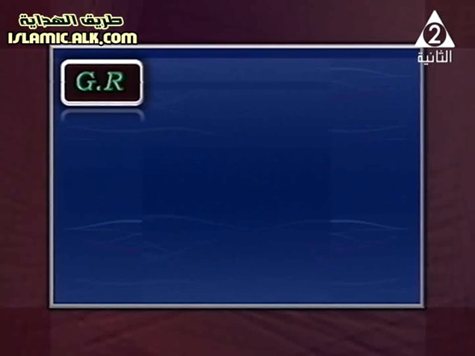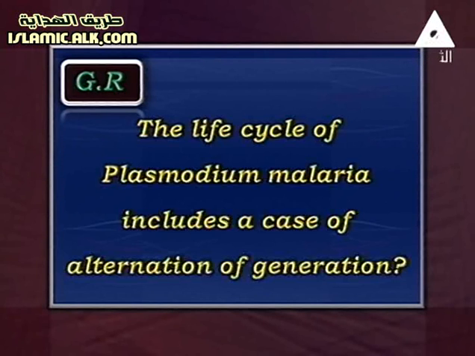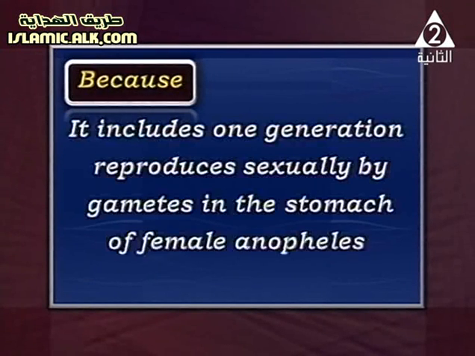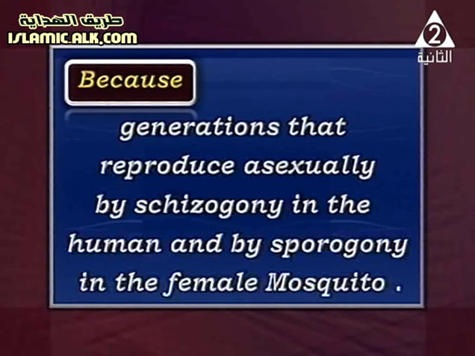Before the picture, we have the give reason. The life cycle of Plasmodium, or malaria, includes alternation of generation. One generation reproduces sexually by gametes in the stomach of the female Anopheles mosquito, and it alternates with hundreds of generations that reproduce asexually inside us, by schizogony in the human and by sporogony in the female mosquito.